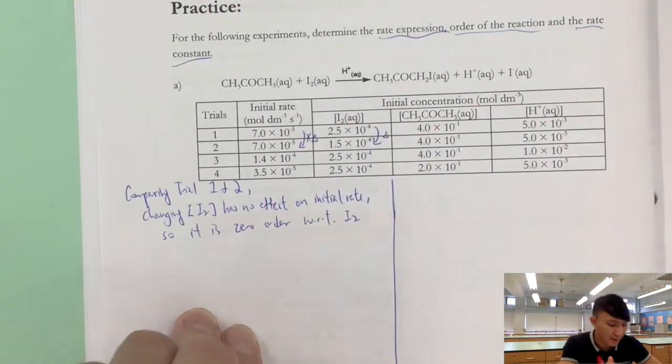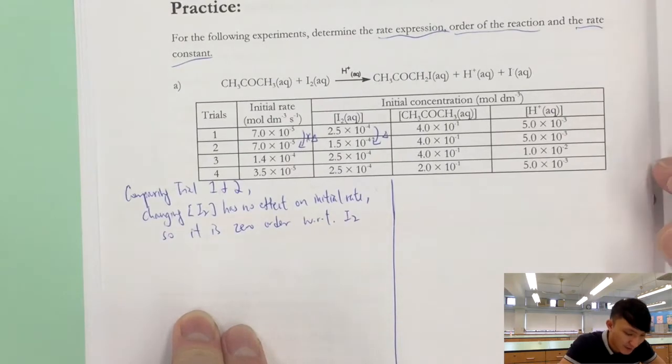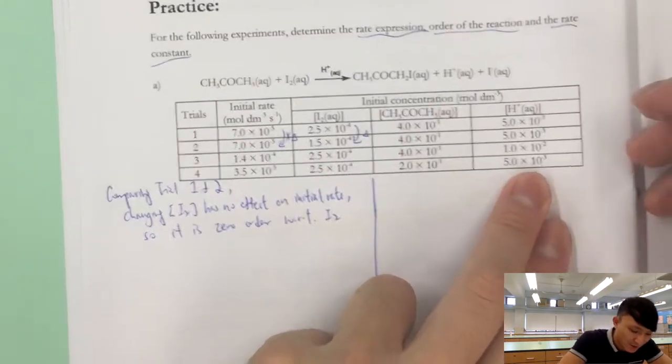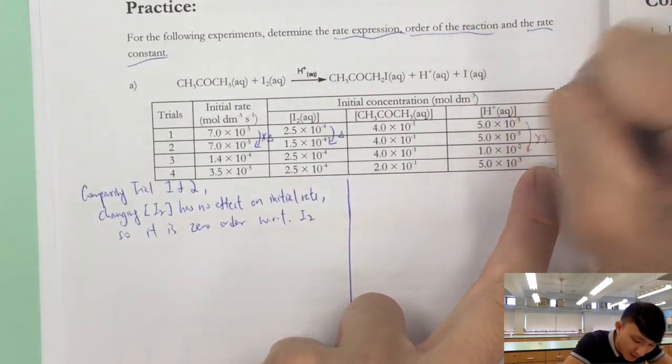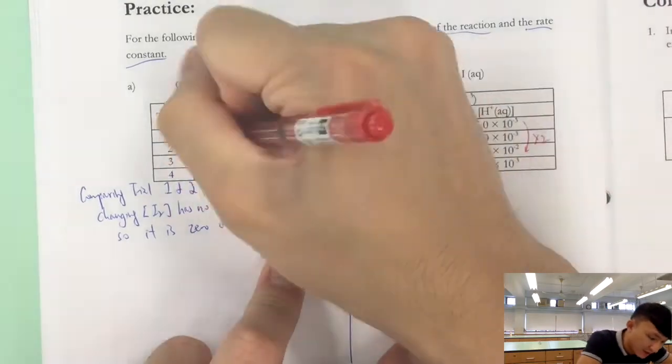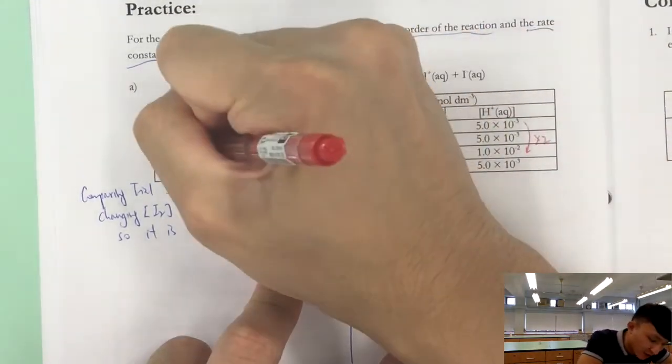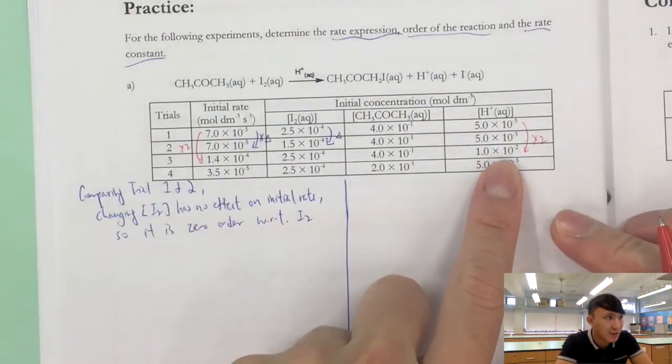Okay? And then we can compare perhaps 1 and 3. So you see, the concentration has increased by 2 times, and the initial rate has also increased by 2 times, right?